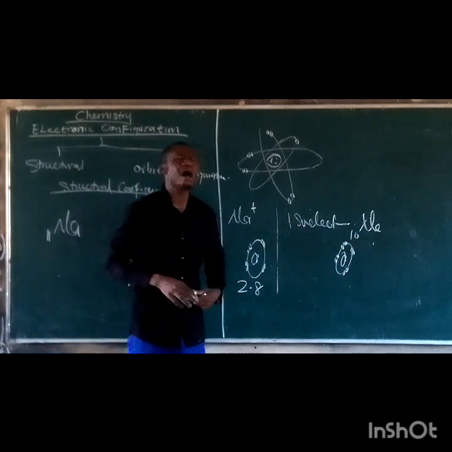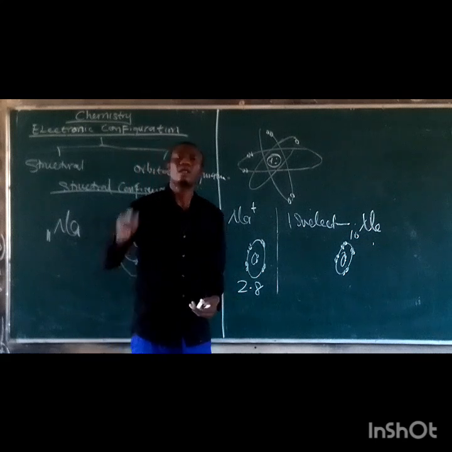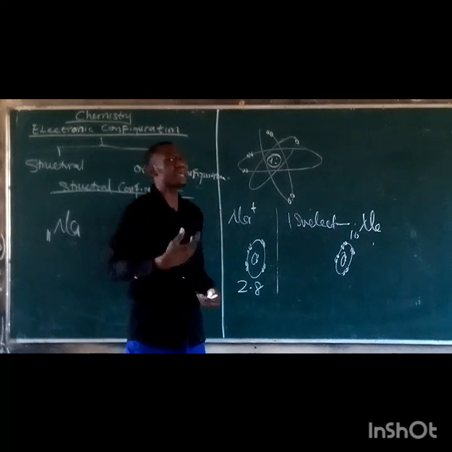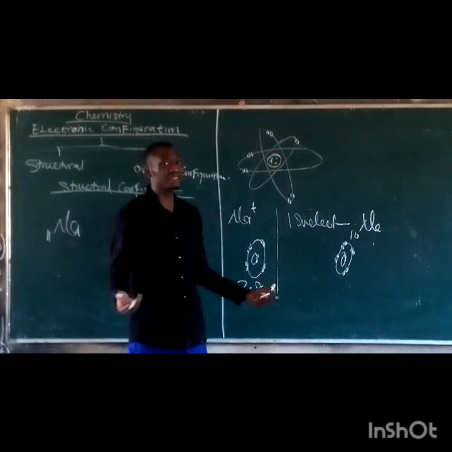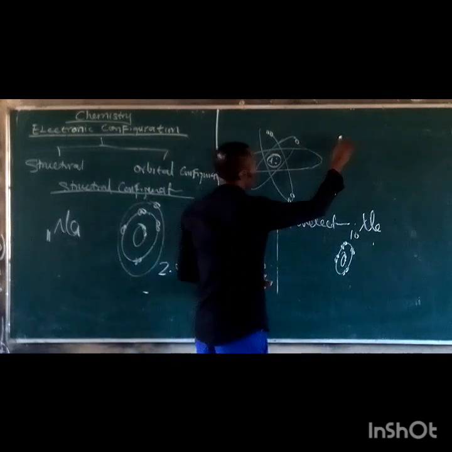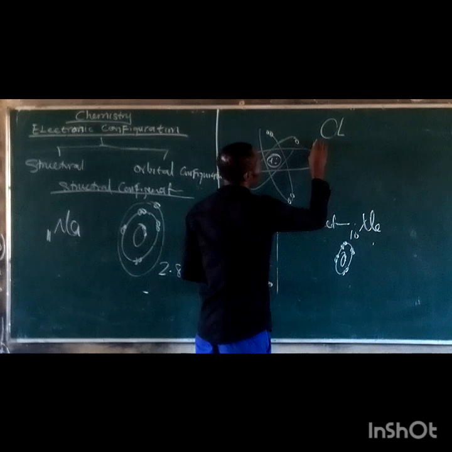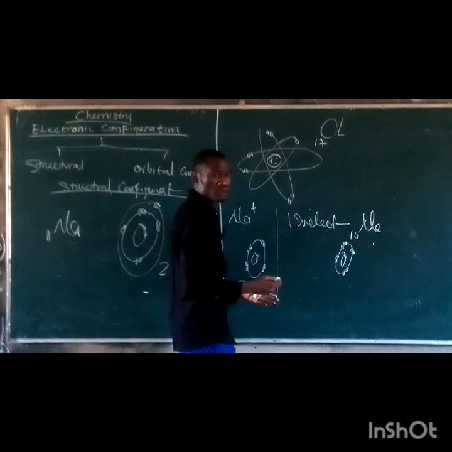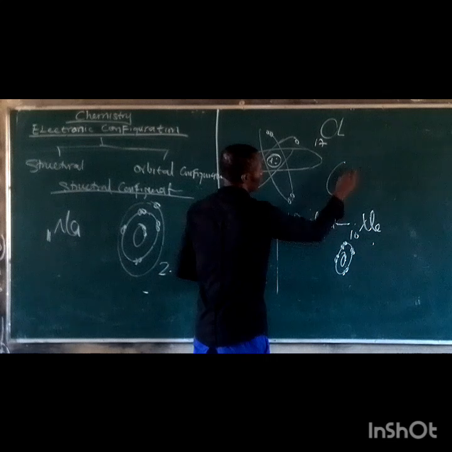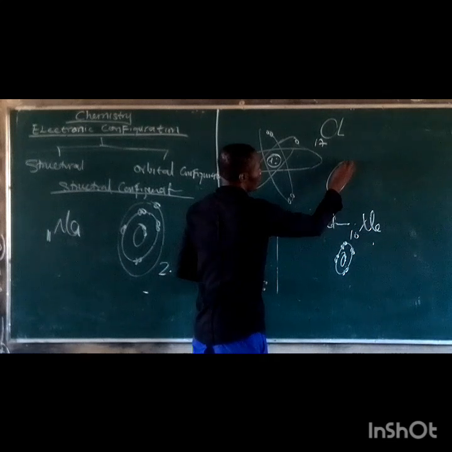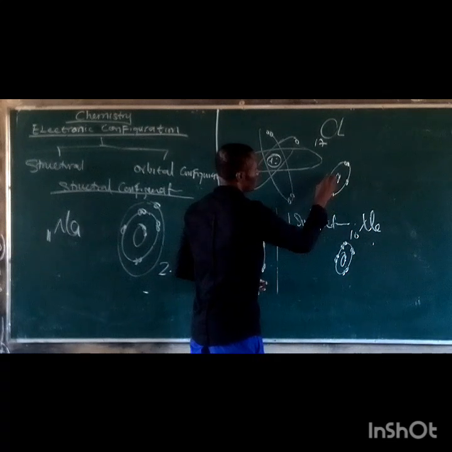Find the atomic number of that element and then look at the element. Is it an ion? Does it have a charge, positive or negative? Maybe chlorine. Let's use chlorine. Chlorine is atomic number 17. The structural configuration of chlorine: 2 and 8, and 8 plus 2 is 10.